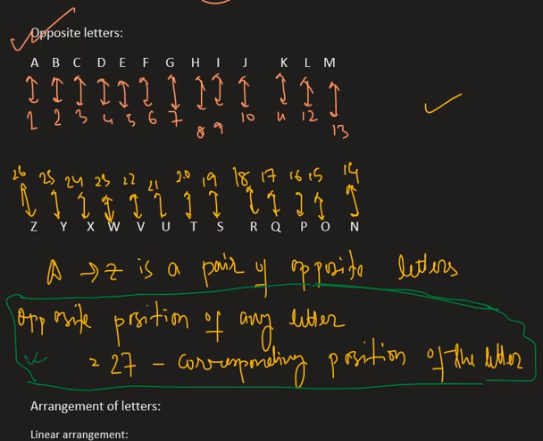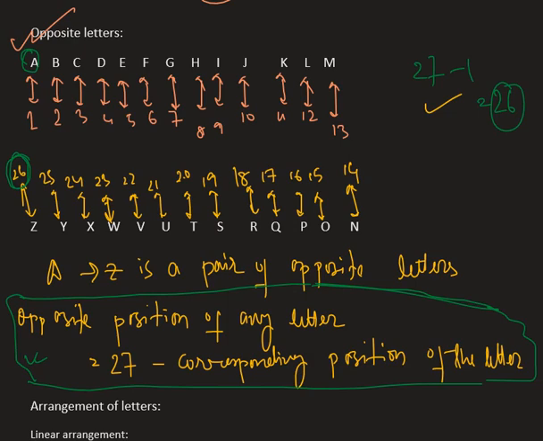So this is the formula. For example, you can find the opposite position of A, which is equal to 27 minus the corresponding position of A. That is 27 minus 1, which is equal to 26. As you can find, the opposite position is 26 here. So this formula works.